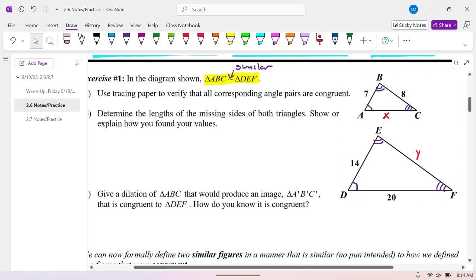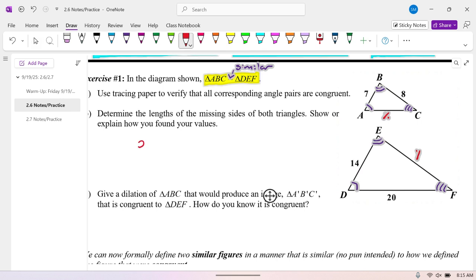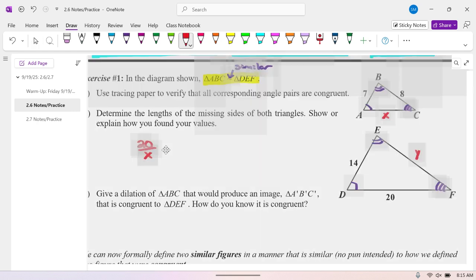How do you think I would find side X? Take the 20 and divide it by X, that's the first part. But I need something to compare it to so I can solve for X. What can I do then?